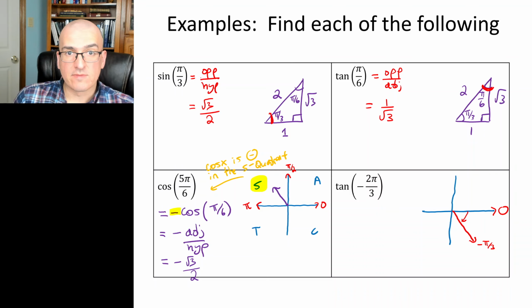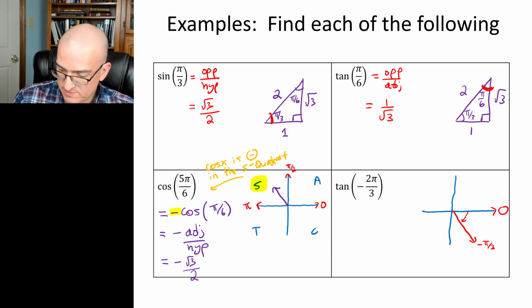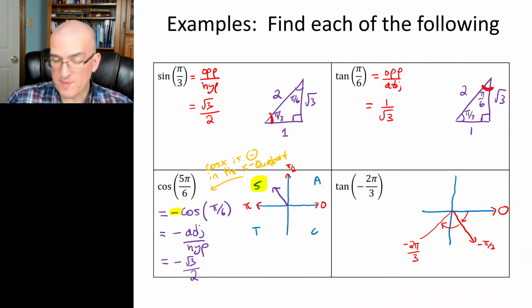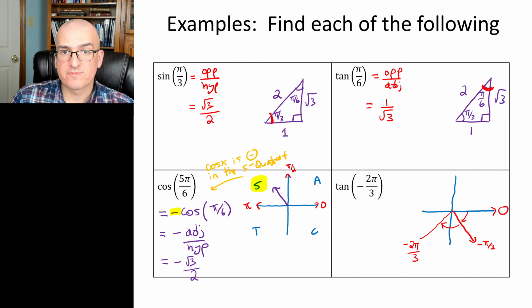I want to do that again. I'm going to go another increment of pi over 3 units. So that'll take me here. Negative 2 pi over 3. Now what quadrant am I in? I'm in the t quadrant.